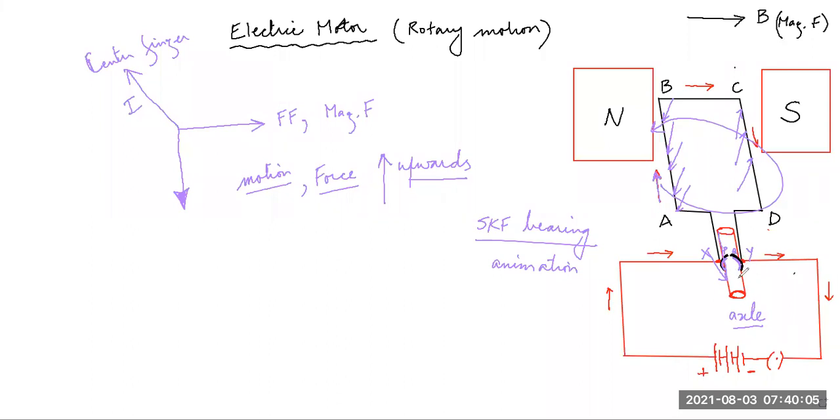At the same time, it's allowing the rotation in the axle also. Please search on Google SKF bearing animation or simply internal bearing motion. It will show you animation of how, in case this bearing is there, small balls are there inside, and when the axle is touching this, the bearing is giving support to the axle.